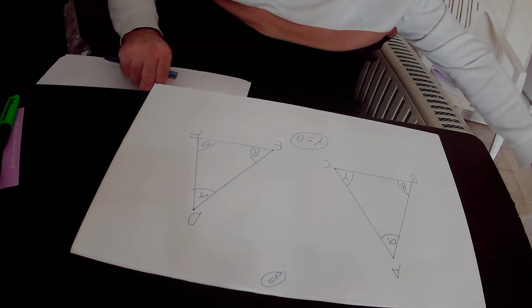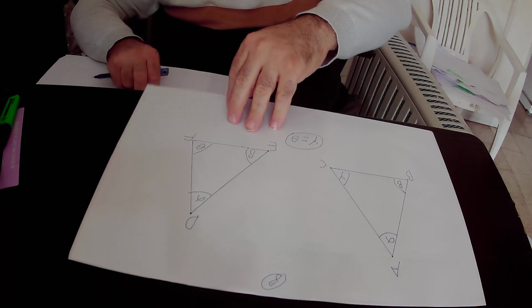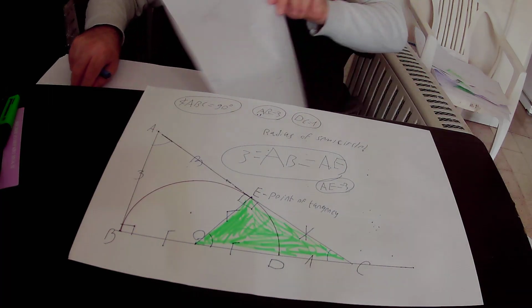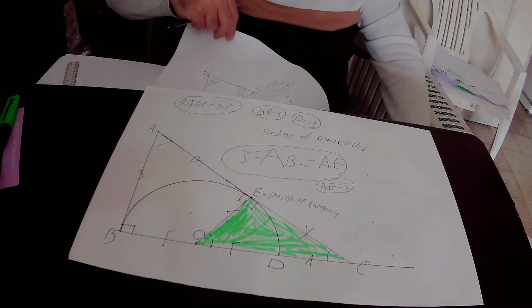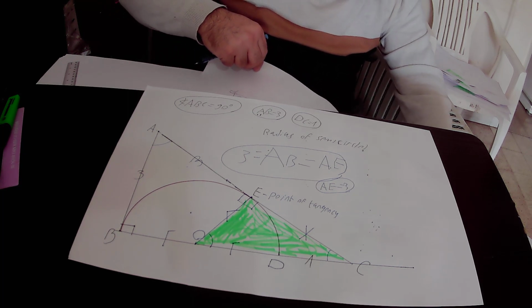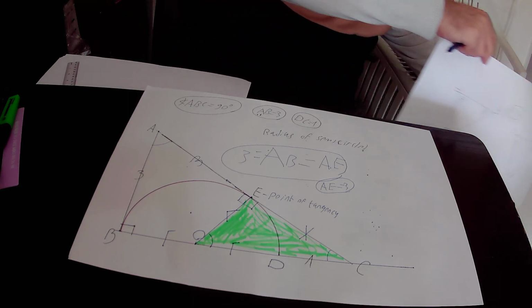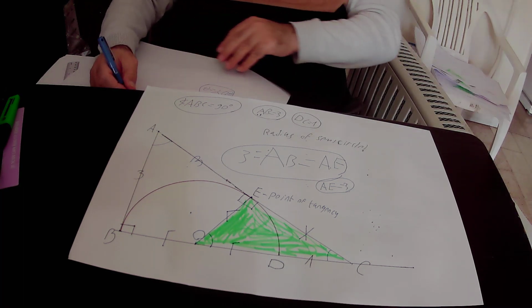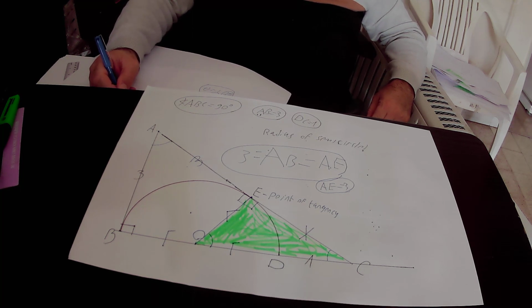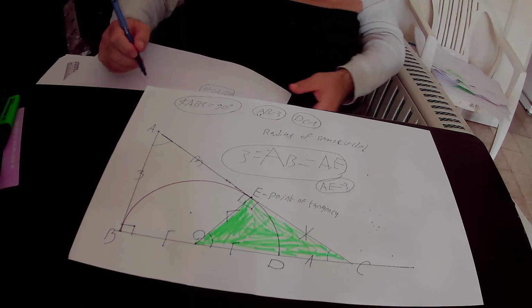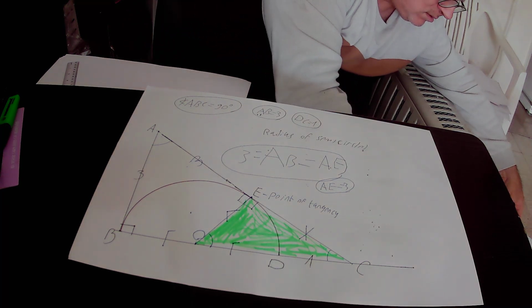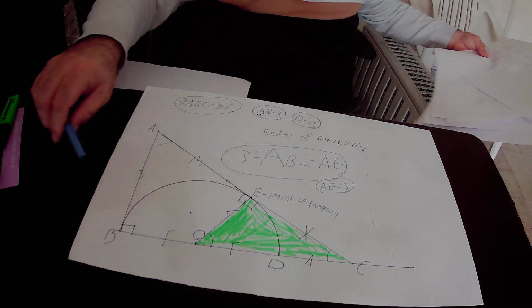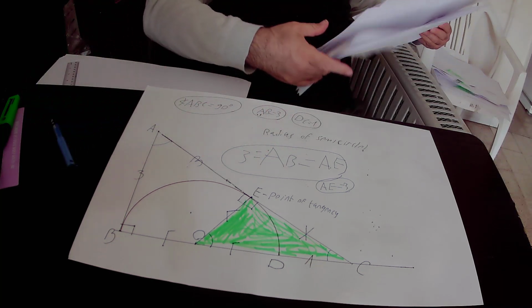Okay, and we will return to our original drawing. We actually proved that all three angles of triangle ABC are congruent to all three angles of the green right triangle, triangle OEC.